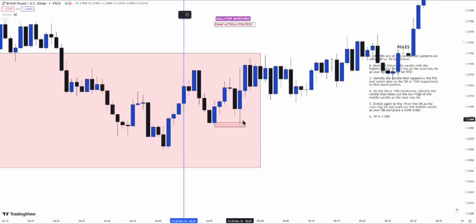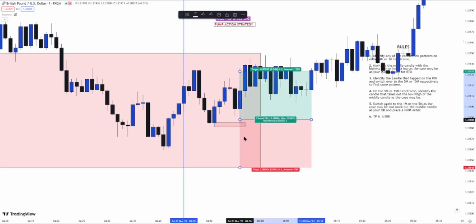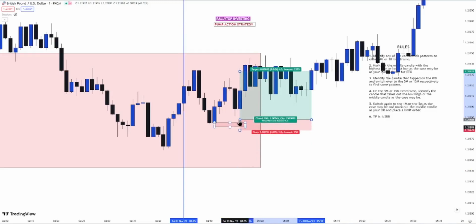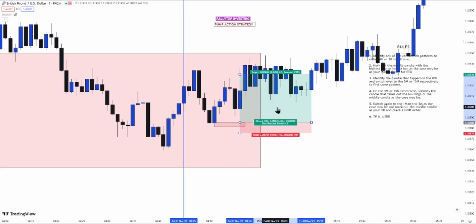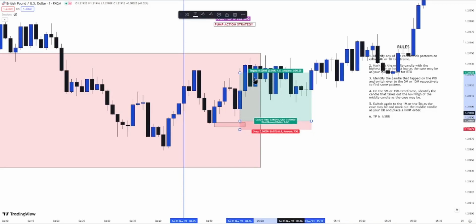And remember, the rule is 1 to 5. Nothing more, nothing less. 1 to 5. So give a buffer to your stop loss, a bit of buffer like that, and then you are free to go. So that's your trade there. And look for 1 to 5.